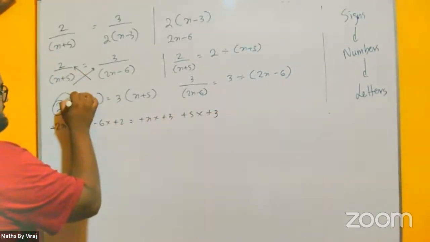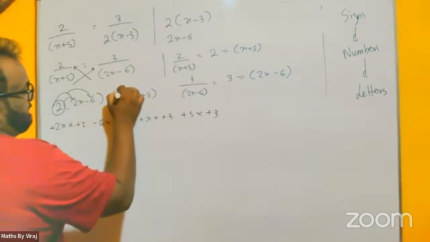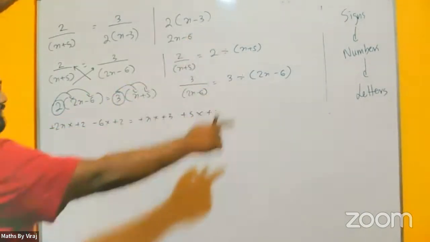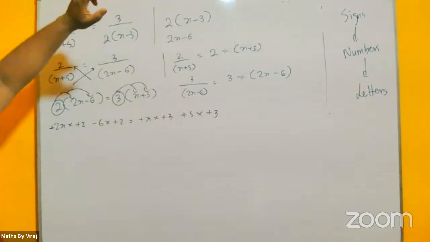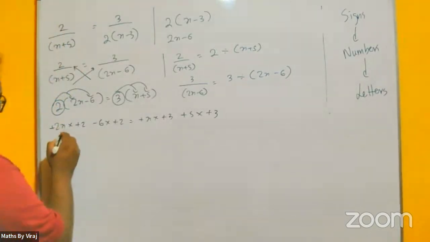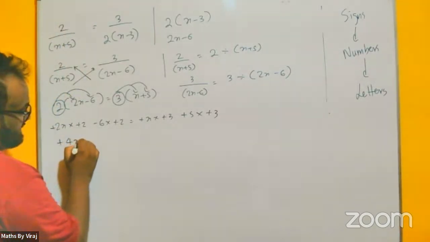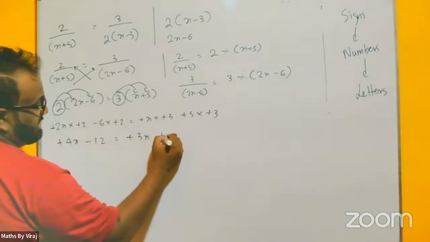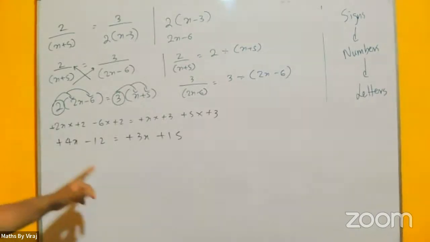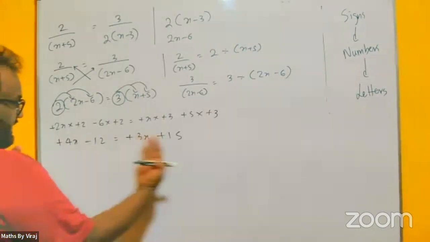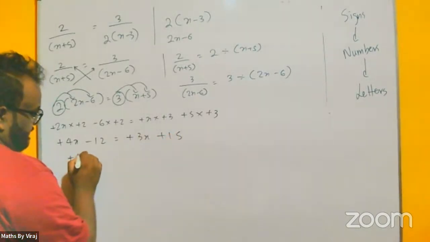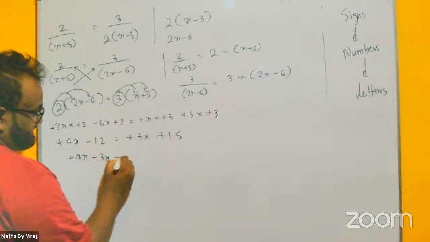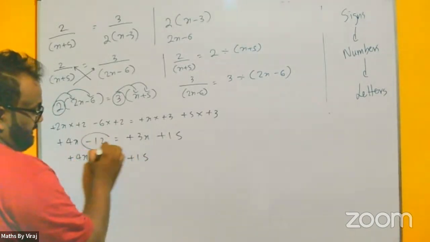Again, from the outside number, we multiply the inside numbers following the order: signs, numbers, letters. Then what do we have? Plus 4x minus 12 plus 3x plus 15. Now look at this. Now we write the like terms together. Plus 4x minus 3x, plus 15 minus 12.